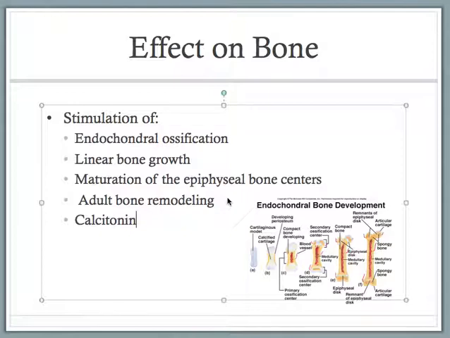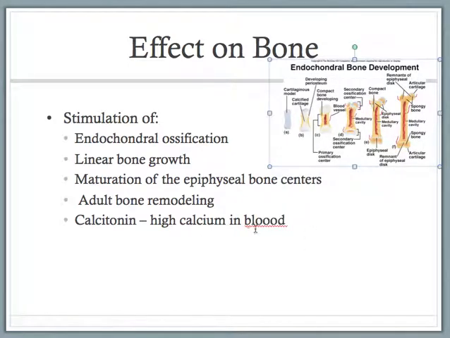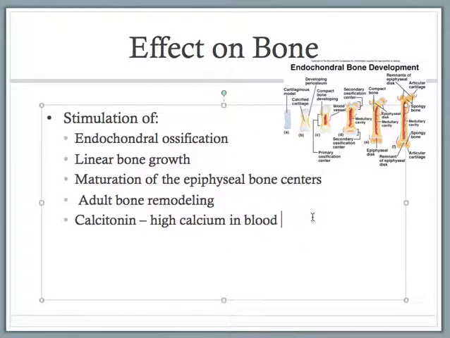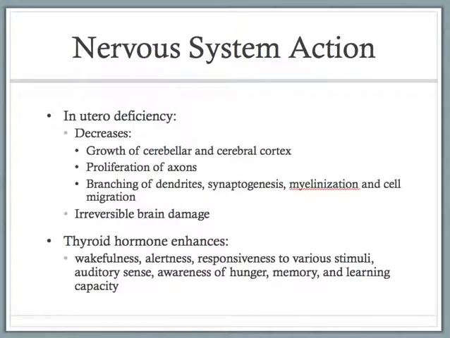Calcitonin is important because when there's high calcium in the blood, it puts the extra calcium into the bones. So you need a healthy thyroid with healthy C cells. When you have a lot of calcium in the blood, calcitonin will shuttle it to the bones. So it makes your bones nice and strong. Very important. So thyroid hormone, how magical. We've learned so much about it.